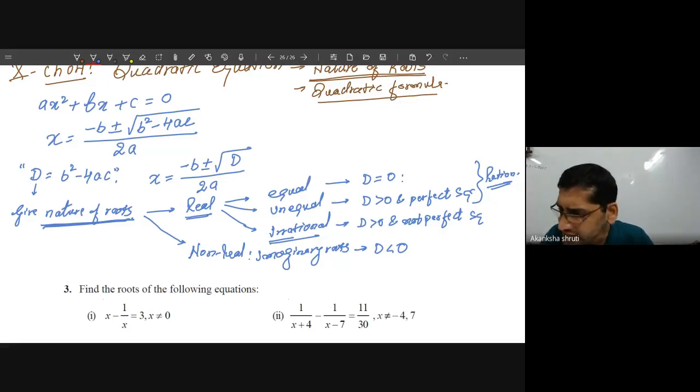So the equation itself is a perfect square. This we have also learned. In this other case, the equation is not a perfect square, but the roots are unequal and rational. So these are the things.